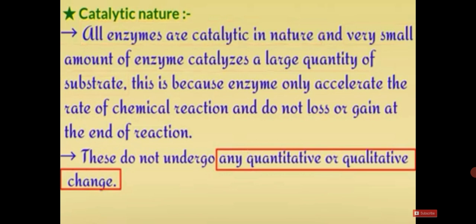So the first property of the enzyme is their catalytic nature, that all enzymes are catalytic in nature, and a very small amount of enzyme catalyzes a large quantity of substrate. What is the substrate? These are the reactants which are acted upon by the enzymes and are converted by the action of the enzymes into their products.